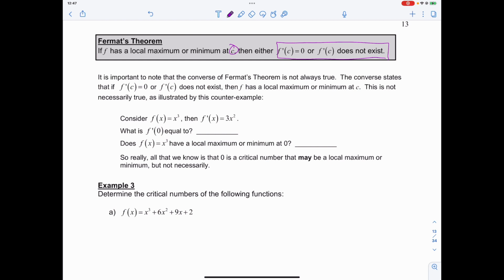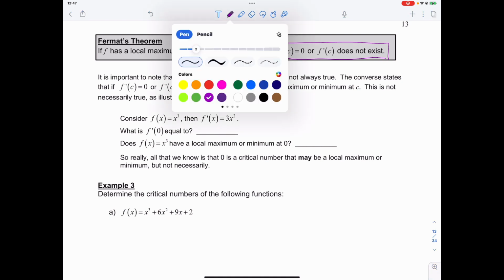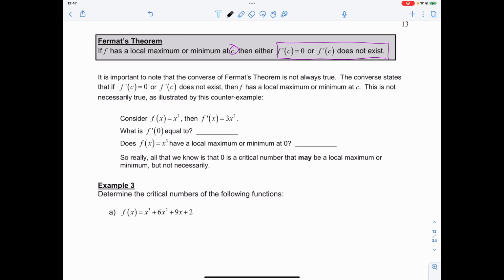Just because f prime of c is equal to 0 or f prime of c does not exist, it doesn't necessarily mean that there is a local maximum or local minimum occurring at the point of c. One example of this is when we have that f of x is equal to x cubed.